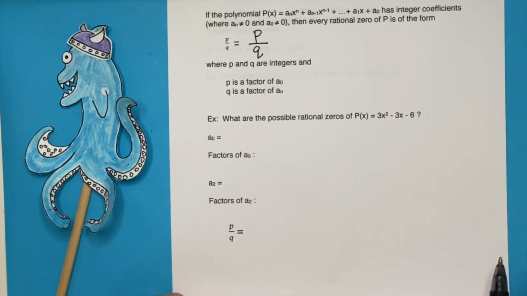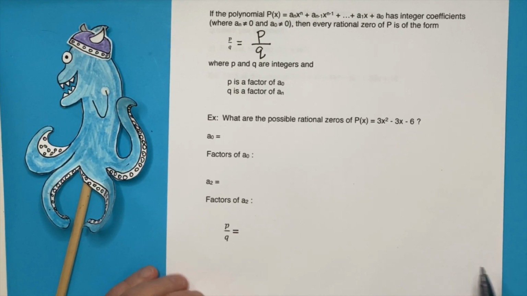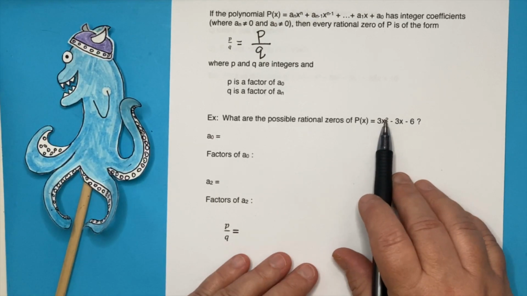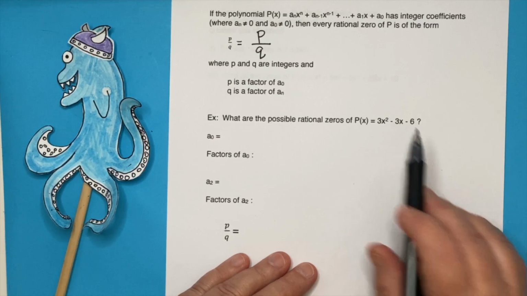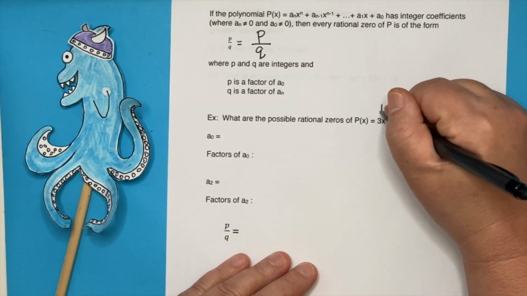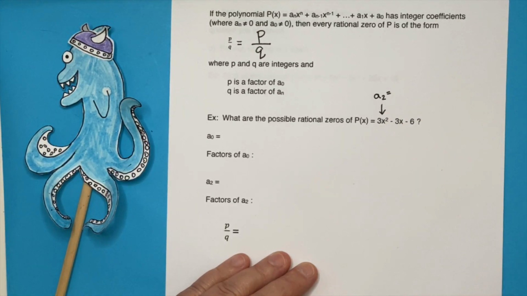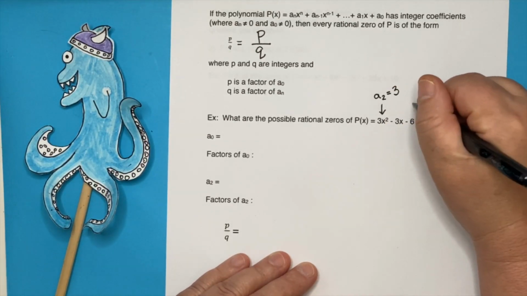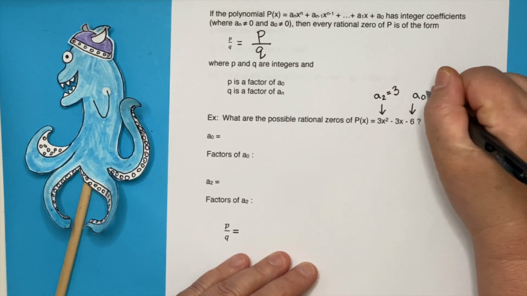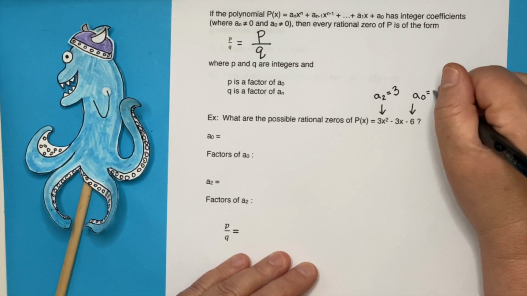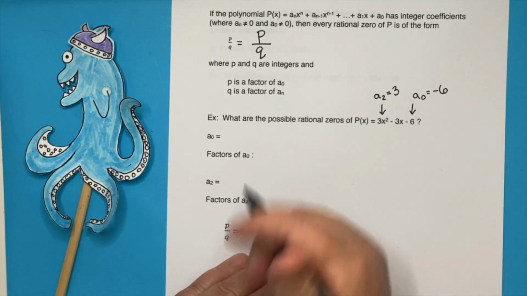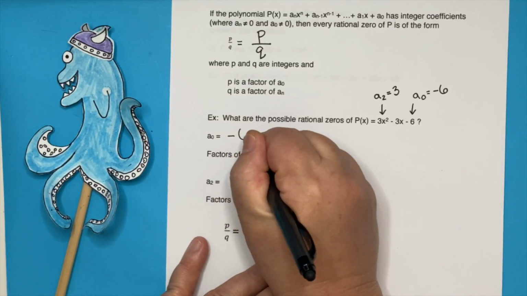What are the possible rational zeros of p(x) = 3x^2 - 3x - 6? We see that a_2, the leading coefficient, is 3, and a_0, the constant coefficient, is negative 6.